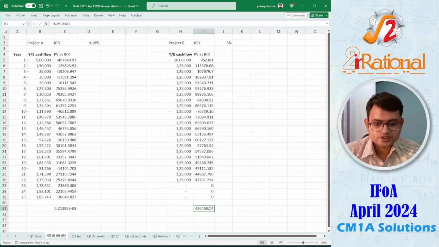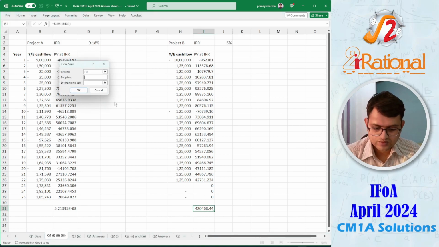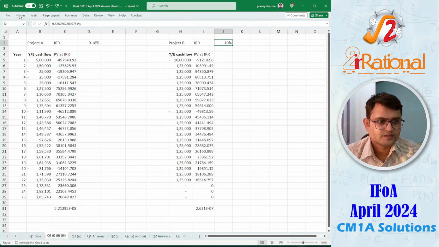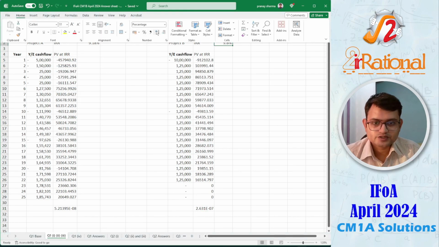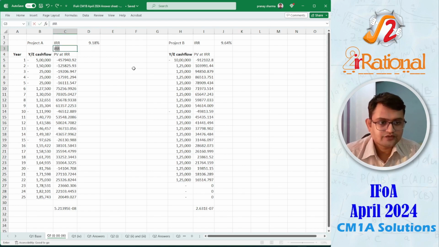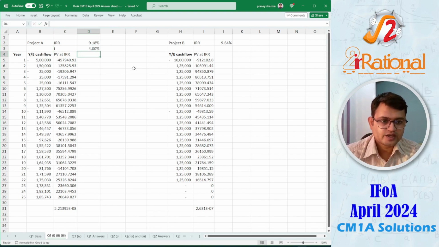Same thing, goal seek. Increase the decimal places. So 9.64 for B and 9.18 for A. Now at rate of interest of 4.5%, we have to find the NPV.